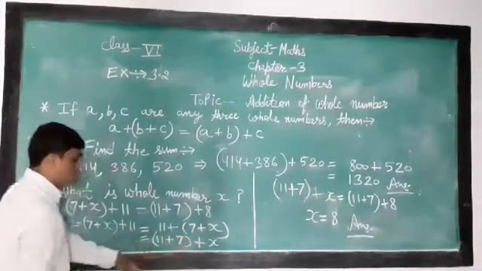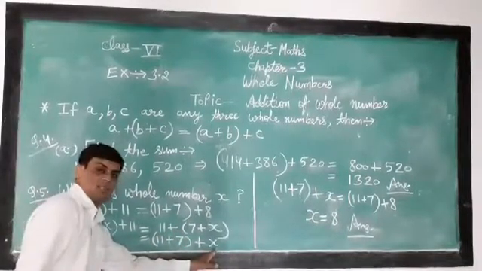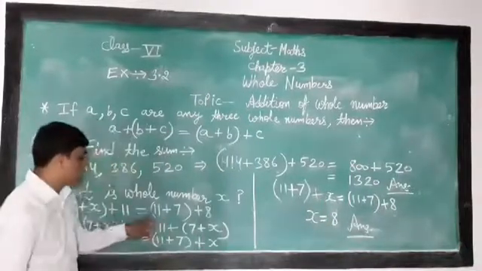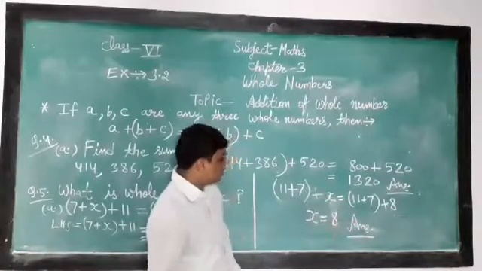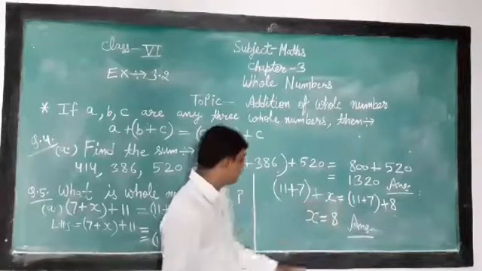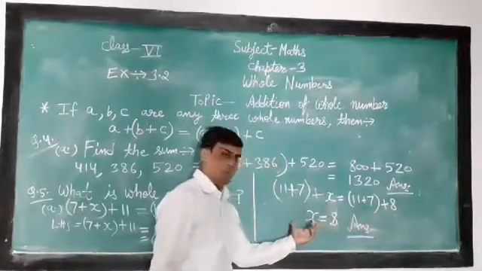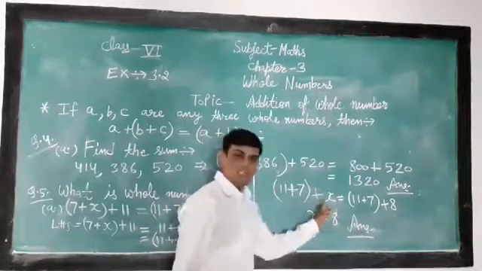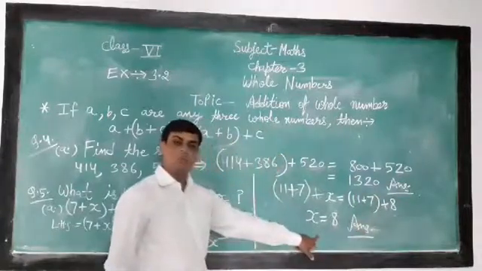Now change the step. 11 plus 7 plus x is equal to right hand side 11 plus 7 plus 8. Now compare both sides. 11 plus 7 both equal and x is equal to 8. Now this is the answer. x is equal to 8.